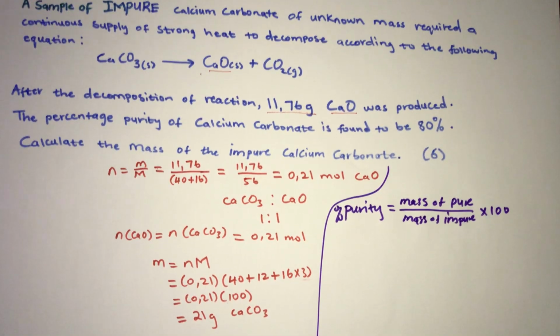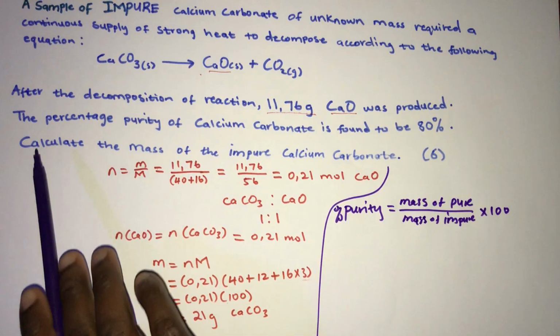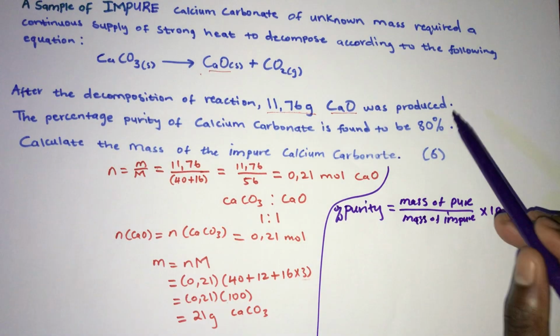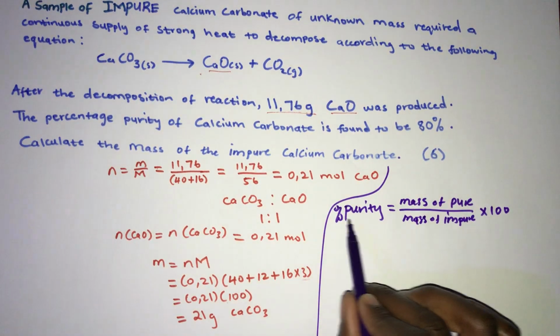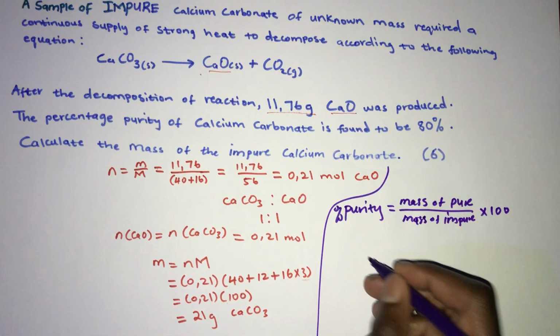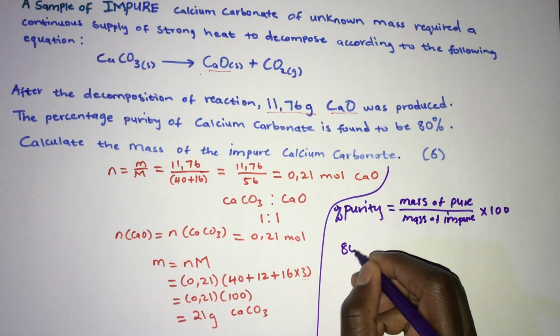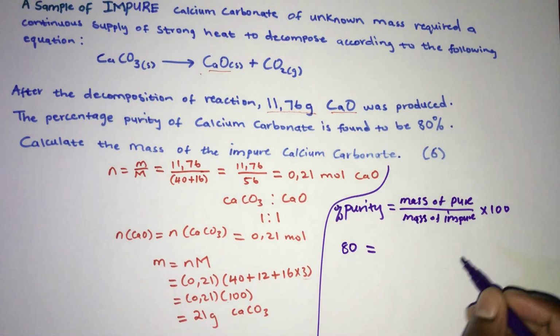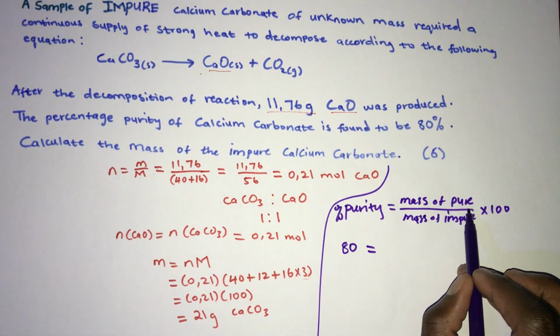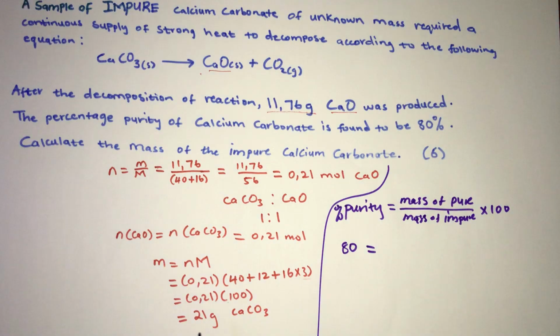Let's check. The statement said the percentage purity of calcium carbonate is found to be 80%. So the percentage purity now is 80%. This is the 80% that we're talking about. The mass of the pure sample is the mass that we calculated. We found 21.